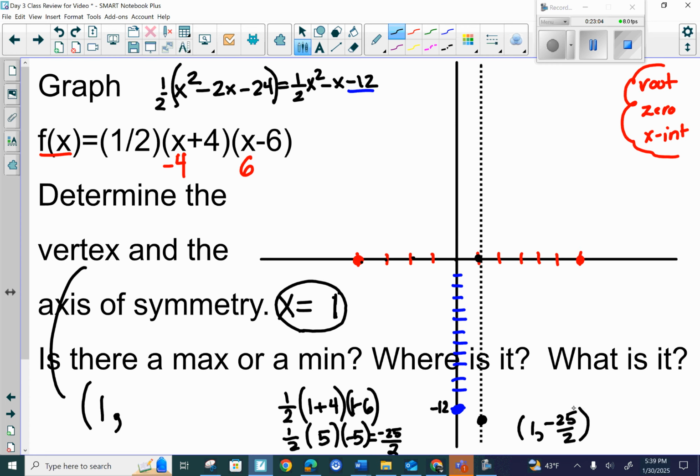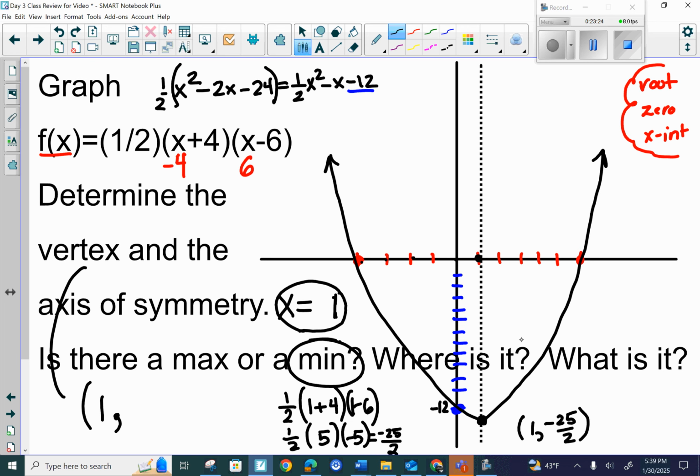And so the parabola goes something like this. There, this is not the greatest graph, but like that. That parabola has a minimum, low point right there. Where is it? It's always going to occur at the vertex. And what is it?